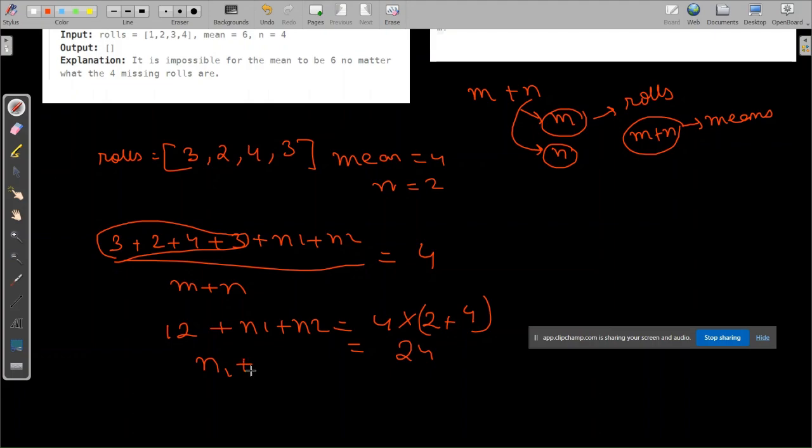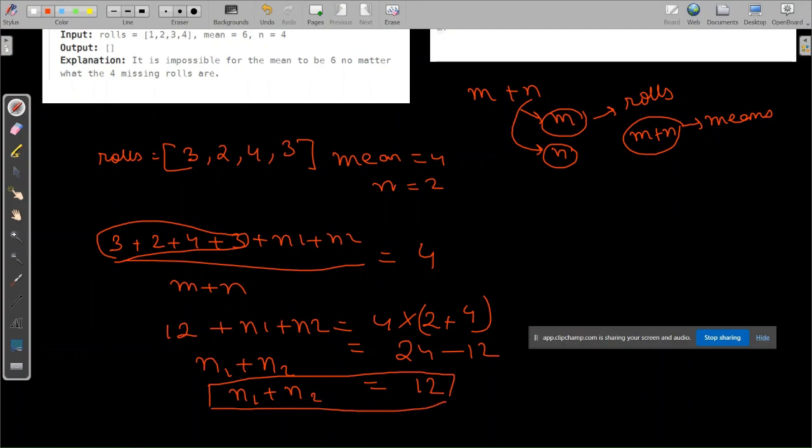So I can easily say that the sum of the n elements is 12 here. Since n is 2 here, the sum of these two elements is 12.